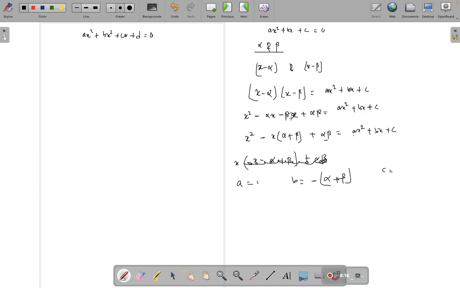So what you can do here is say x minus alpha, x minus beta. You already know it is a factor. So there can be a constant term as well. For example, it can be 2 times (x minus alpha)(x minus beta), or 3 times (x minus alpha)(x minus beta).